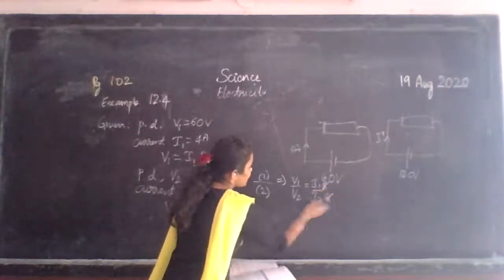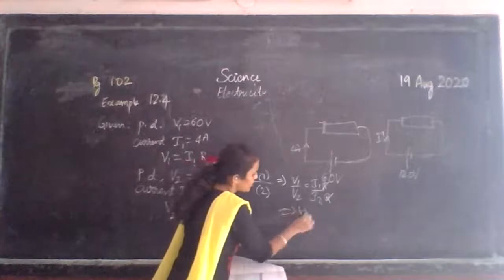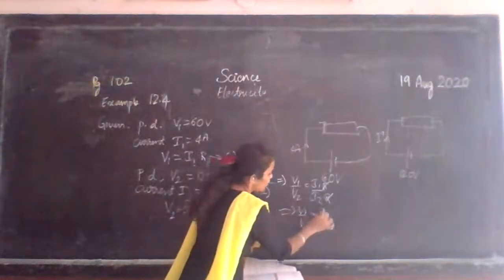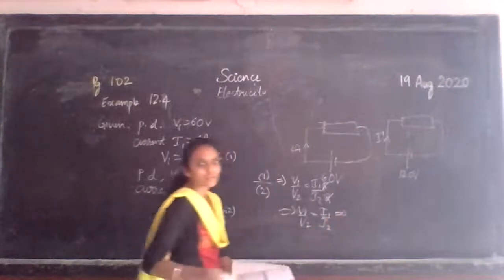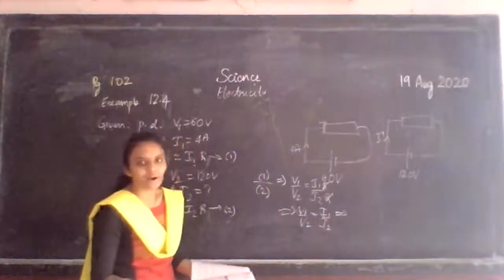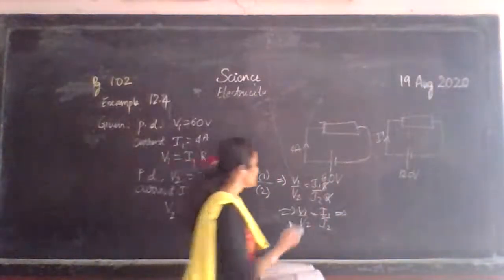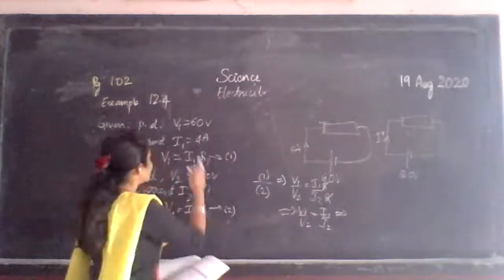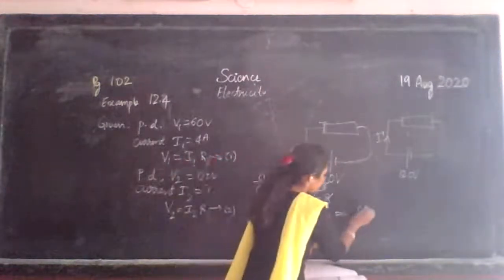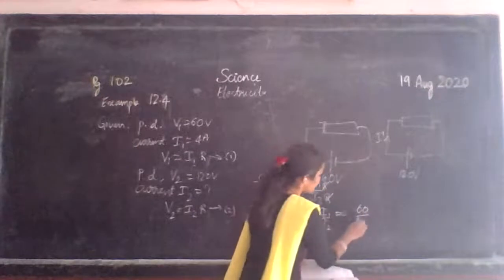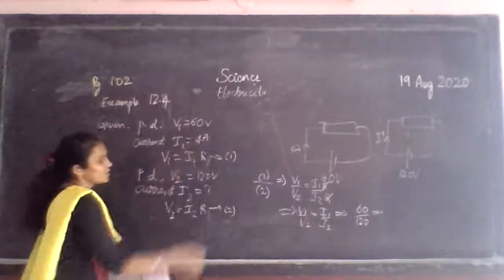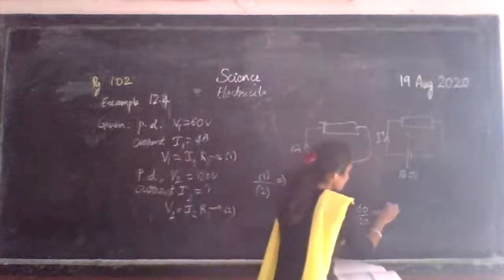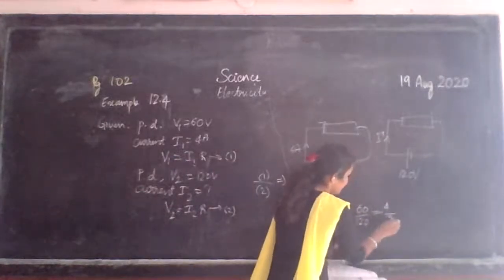This R and R will get cancelled. Now substitute all the values V1, V2, I1 and I2. V1 is equal to 60, V2 is equal to 120, I1 is 4 ampere. So 4 divided by I2.